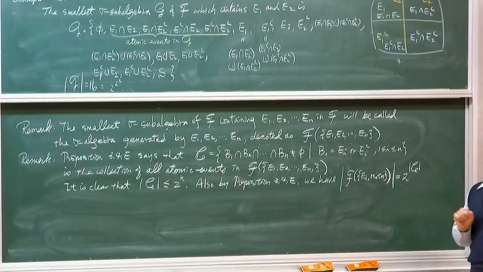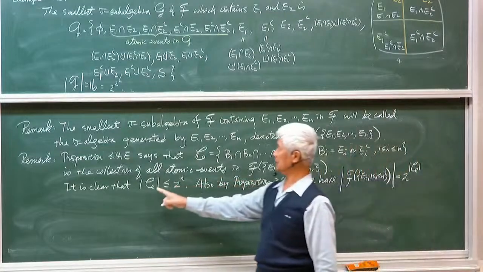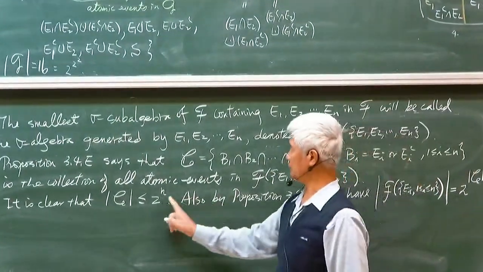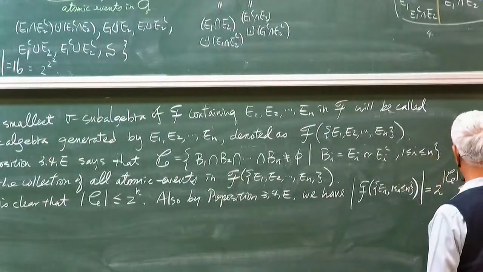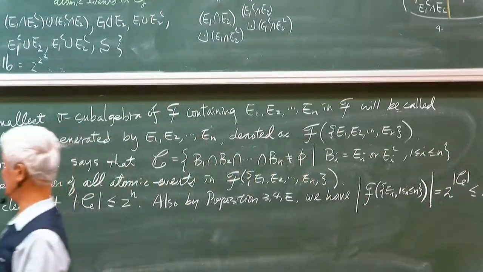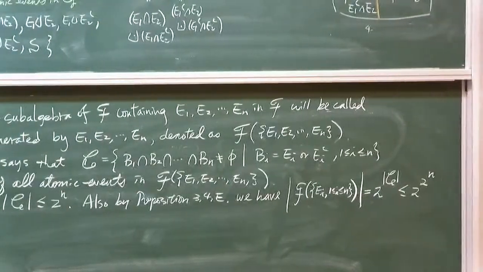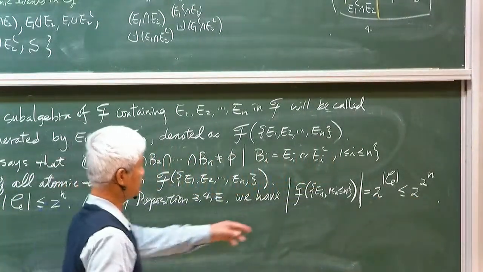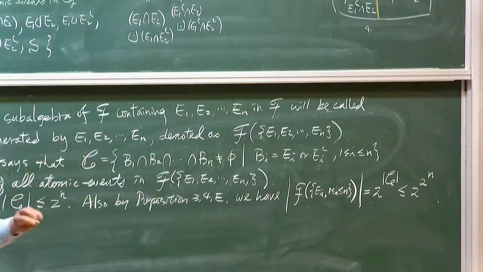And because the size of the collection of all atomic events is upper bounded by 2 to the nth power, the upper bound is 2 to the 2 to the nth power. It's a huge number. You can see that.